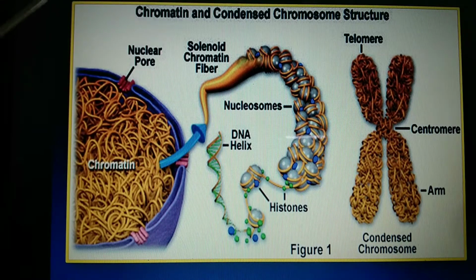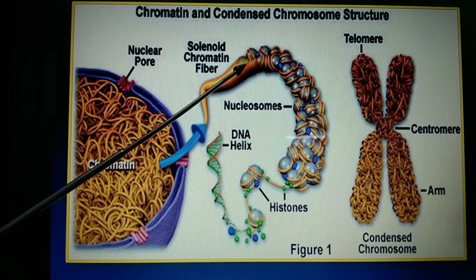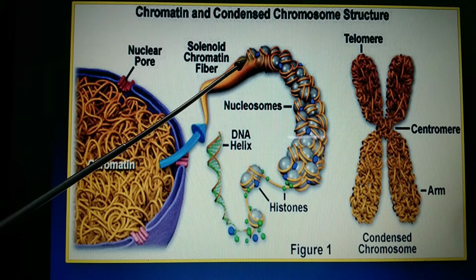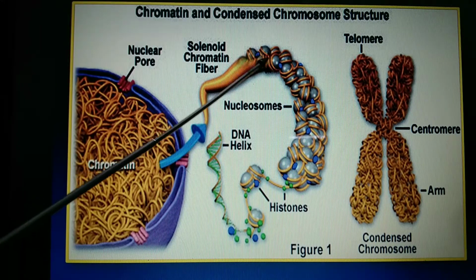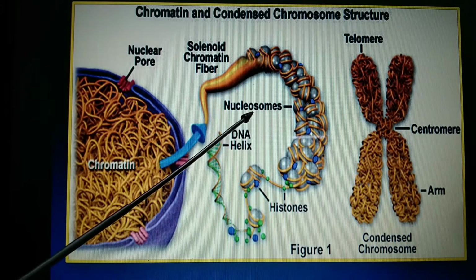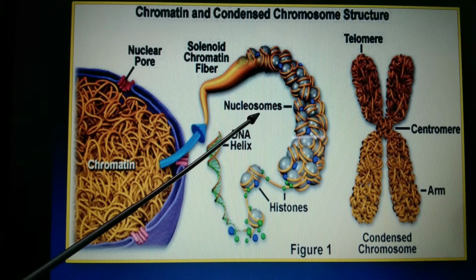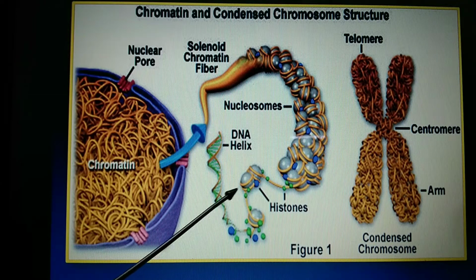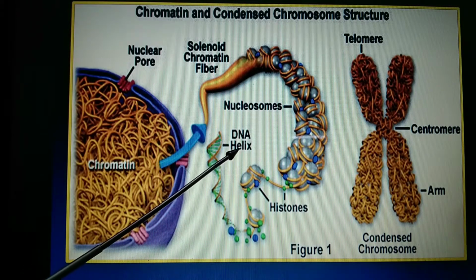This is the structure of the chromatin when it condenses into a solenoid chromatin fiber. After that, the histones are present and result in the formation of an octamer called nucleosome, and later on it condenses to form a DNA helix.